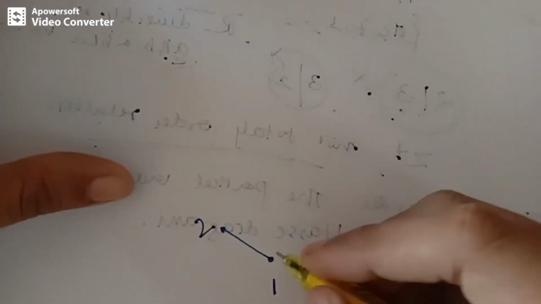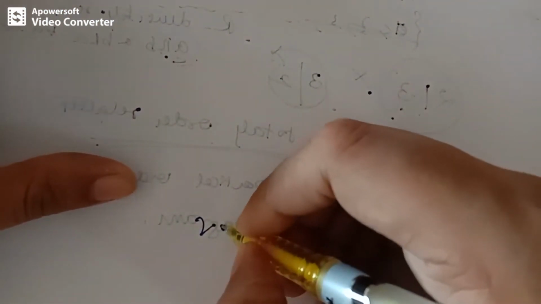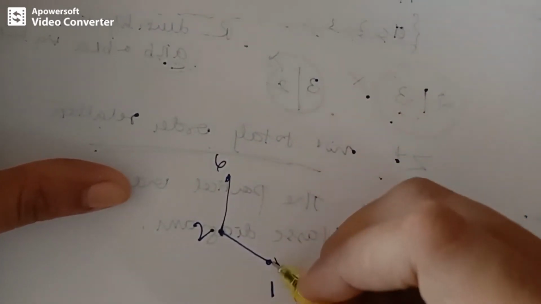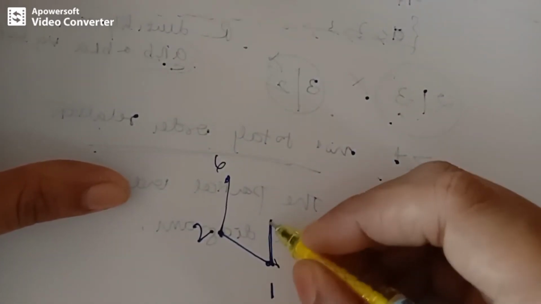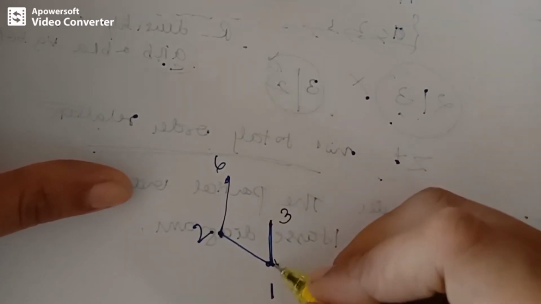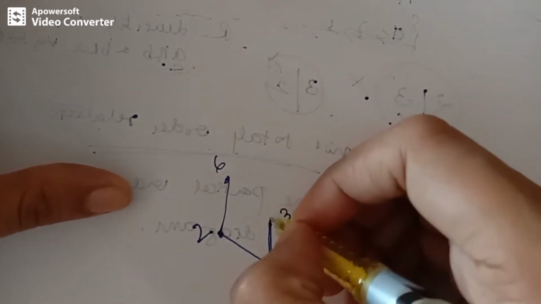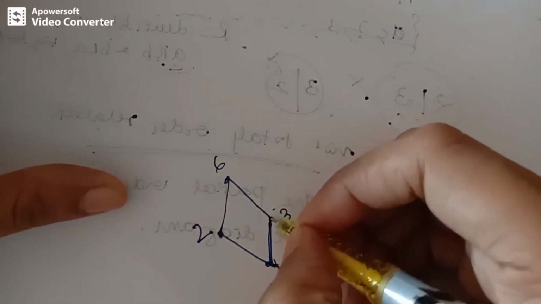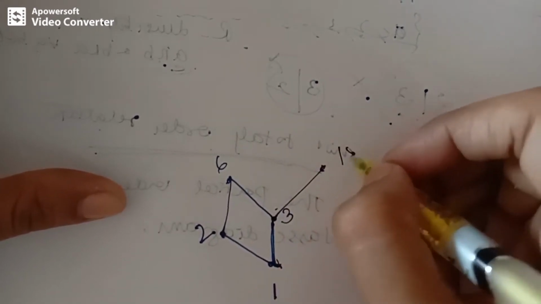So if I start with 1 divides 2 in the Hasse diagram, next 2 divides 6, right? 2 divides 6, so I can include it like this. Okay, then 1 divides 3, correct? 1 divides 3 and 3 divides 6, is it not? 3 divides 6, 3 divides 15. Okay, 3 divides 15, but 6 does not.